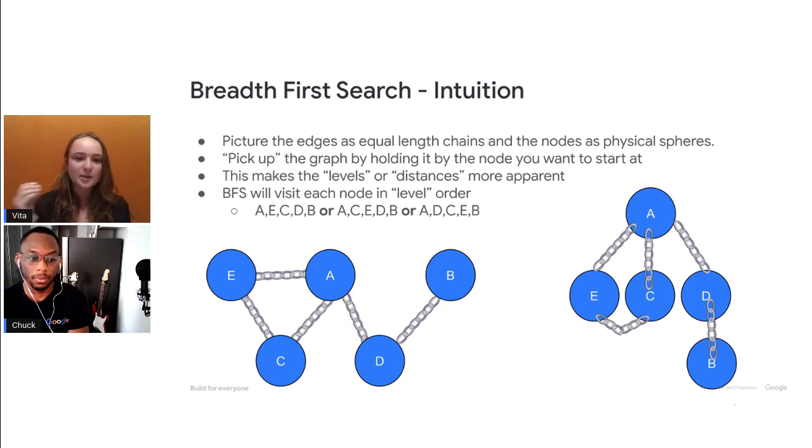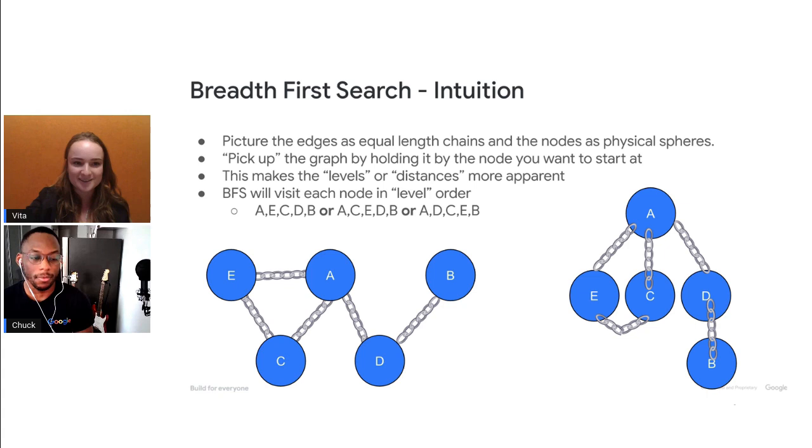So we're going to pick up the graph by holding the node that we want to start at, and that's going to make the levels more apparent. It's going to drop them down into distinct sections that you can see here on the right. BFS is essentially going to visit one level at a time. So in this example, we would visit A, then E, C, D in some random order, then B.